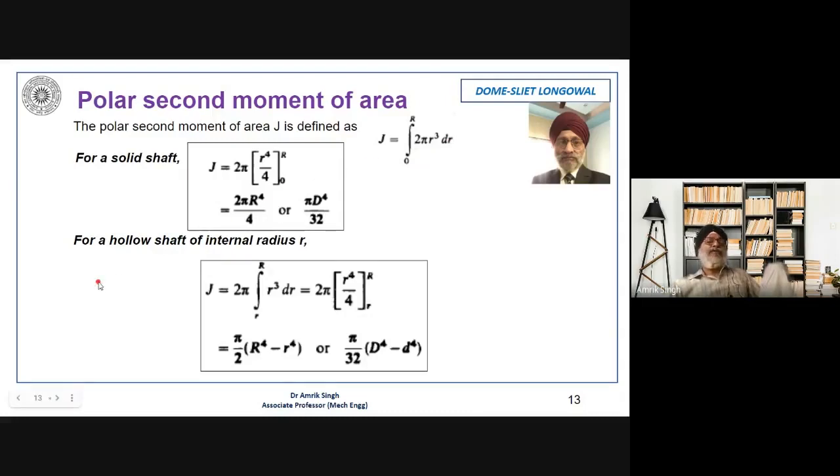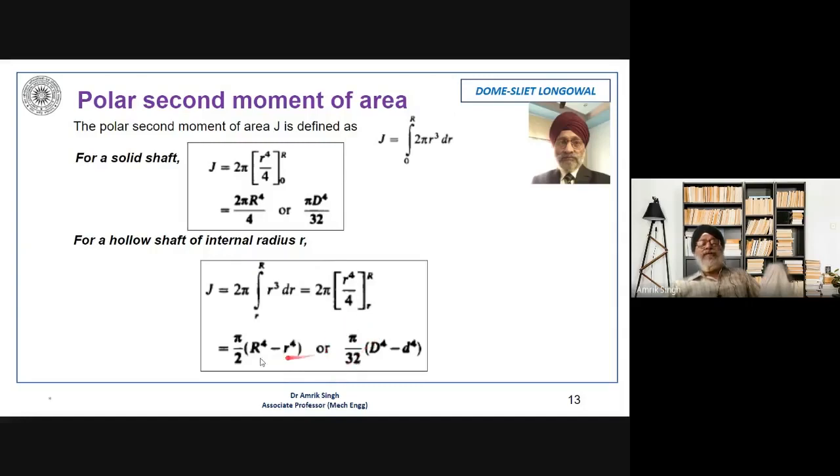Now we will also see how to solve for the hollow shaft. So for a hollow shaft, which has an internal radius r and an external radius capital R, the limit will be from r to capital R. If you solve this integral, it will be R4 by 4, and if you put in the limit, it will be this.